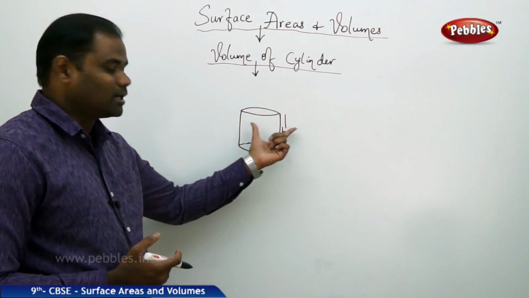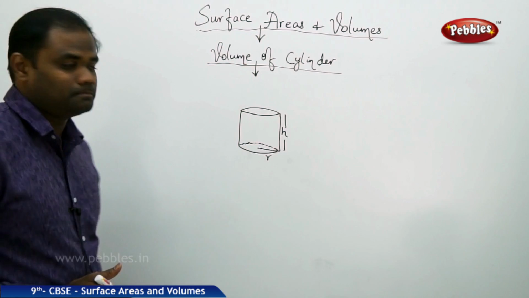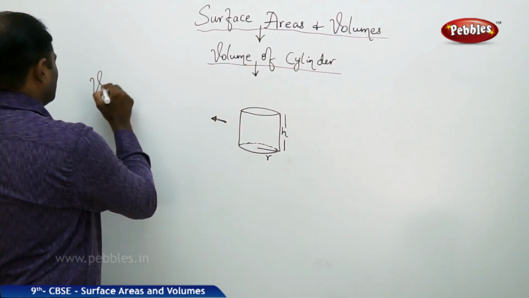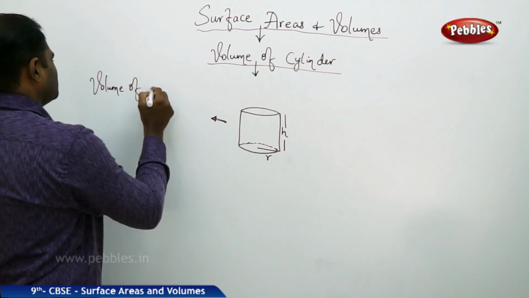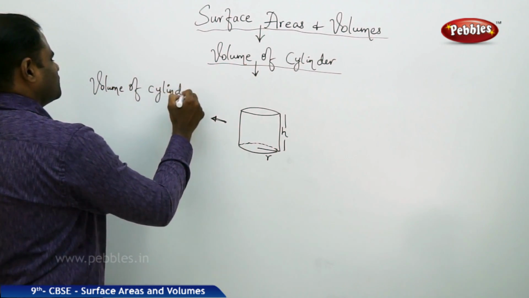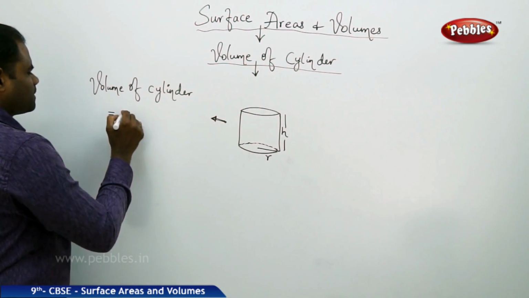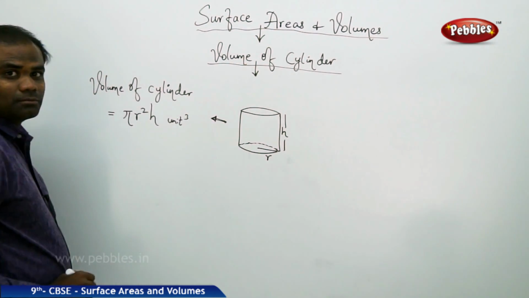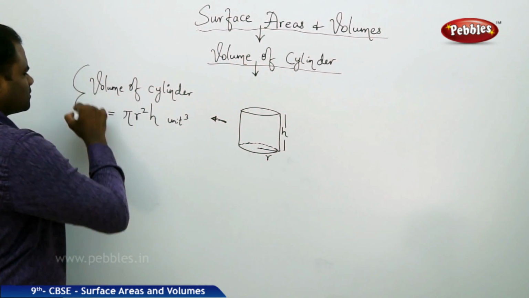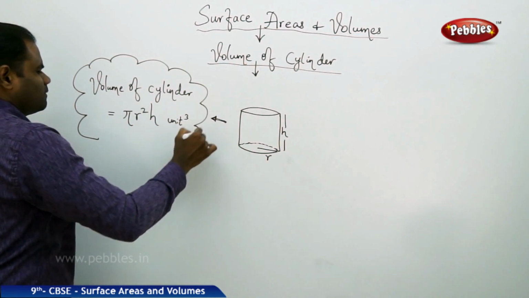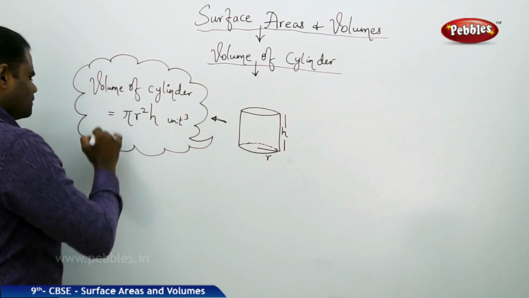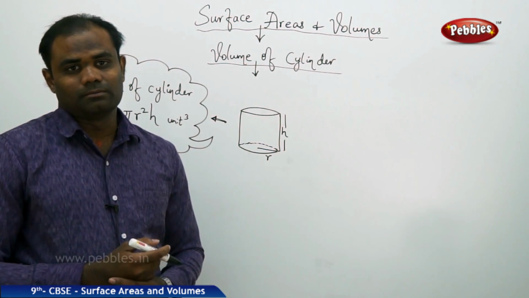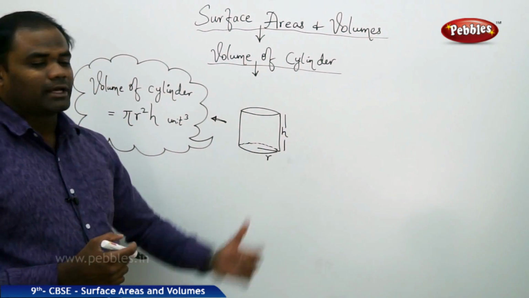Here the radius and the height of the cylinder define the volume. Volume of cylinder is given by pi r square h unit cube, is what we have as the formula. Volume of cylinder is pi r square h unit cube, where r is the radius and h is the height of the cylinder.